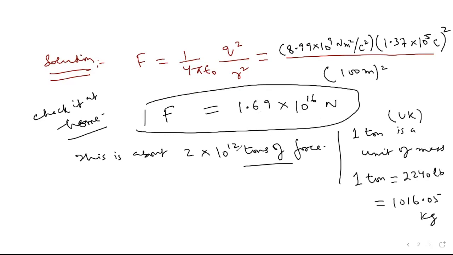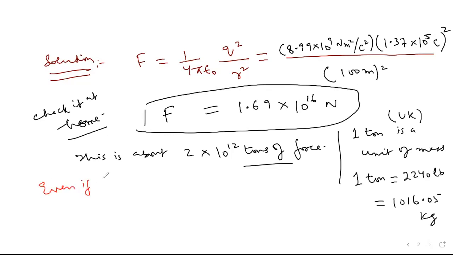You can check that. And distance of separation was only 100 meter. Now, even if the charges were separated by 1 earth diameter, that means if you increase the distance, the attractive force would still be about 120 tons. Let me write it. You can check that.